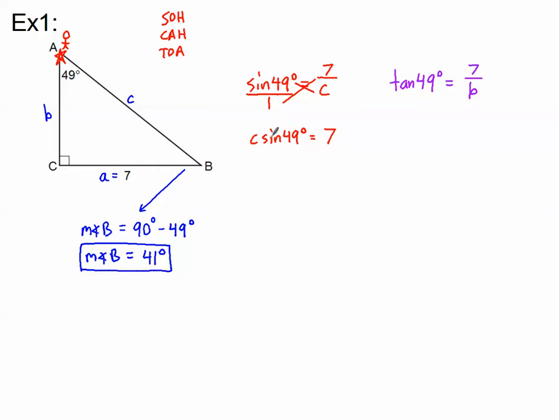I really don't know what this number is, but it is just a number. So I'm going to just divide that number away, just like I can do in any equation. Divide both sides by the same number, as long as it's not 0. And now I'll have C all by itself is equal to 7 divided by the sine of 49 degrees. I'm going to be plugging that into the calculator and getting an approximate value.